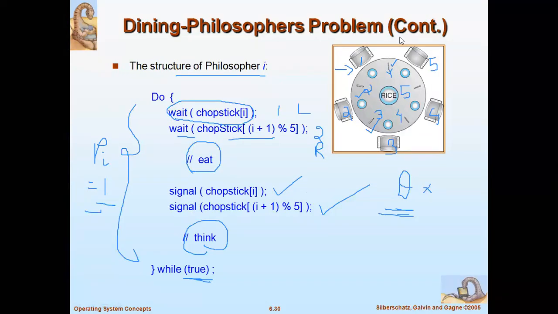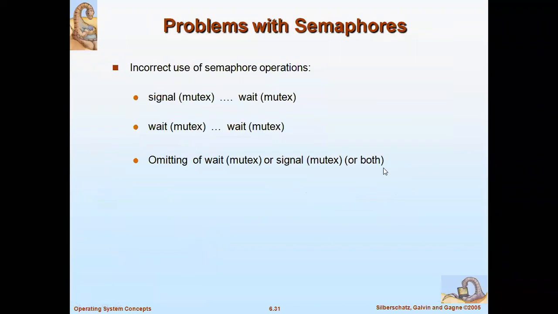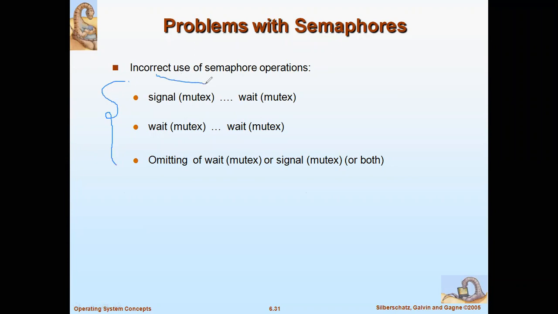Now in the next slide, if you remember, you had attempted a quiz, and these questions were there in the quiz. There is a problem with semaphores, that is, if there is incorrect use of the semaphore operations. For example, you have seen that wait is executed and then signal is executed.